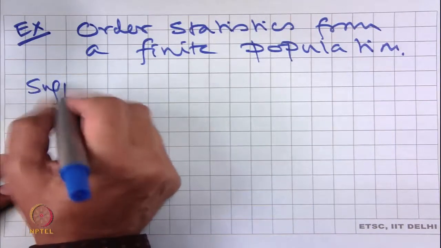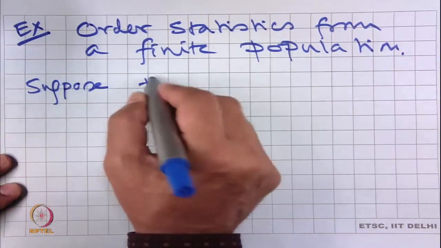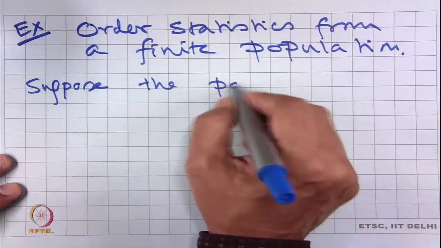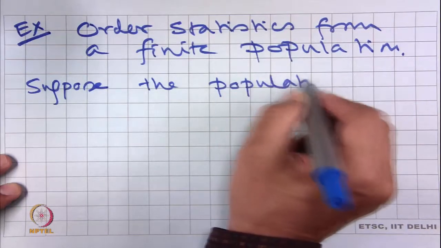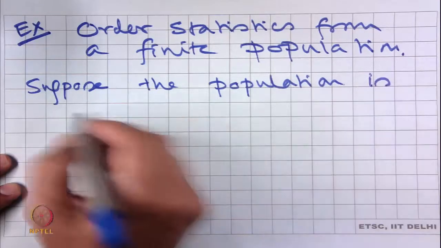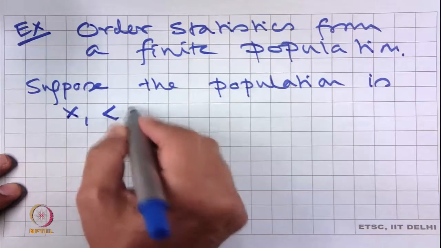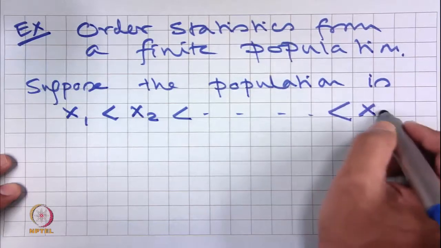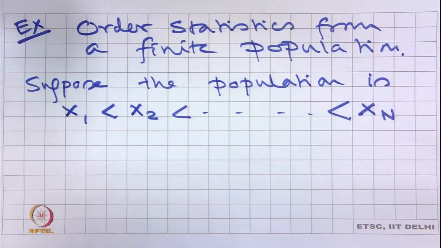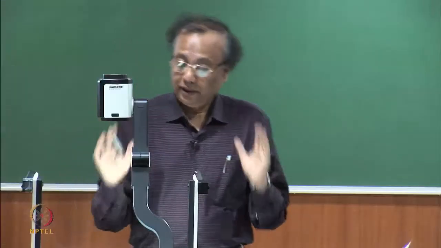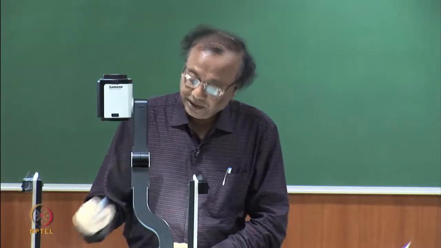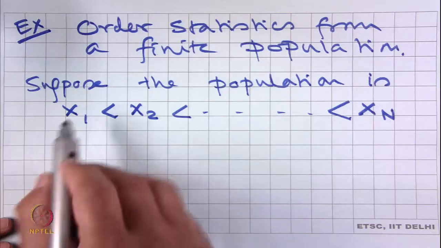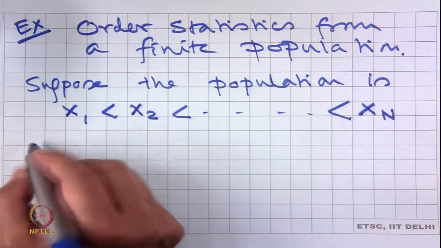Suppose the population is x 1, that means we have a population of n items and I put them in increasing order. x 1, x 2, x n.